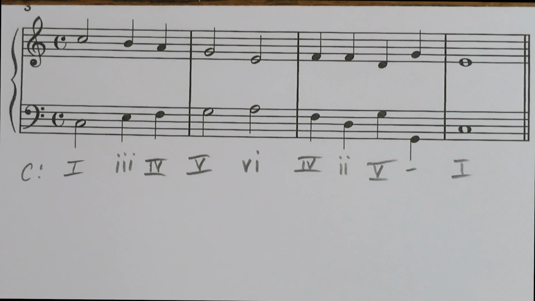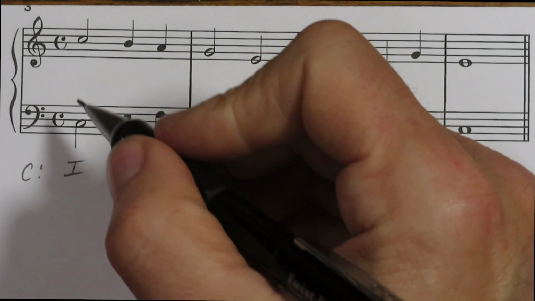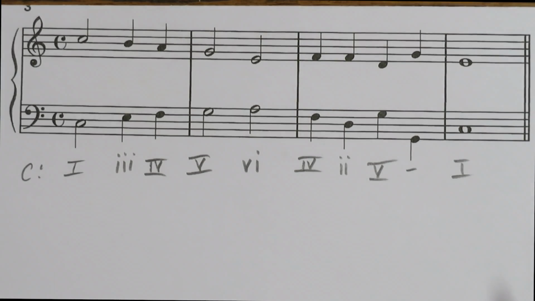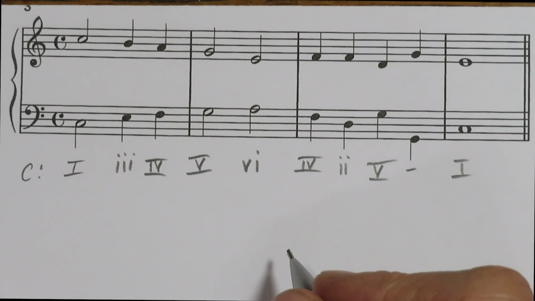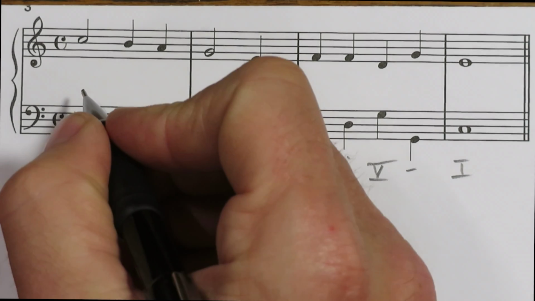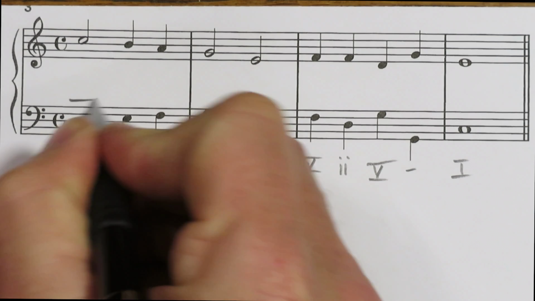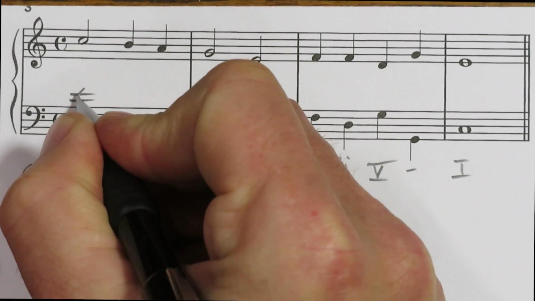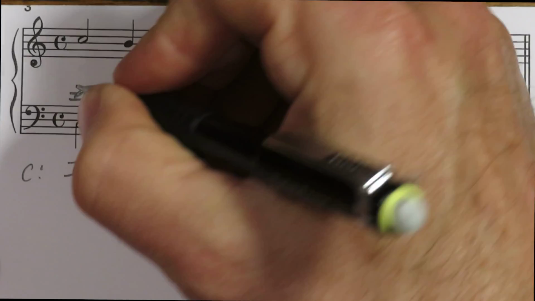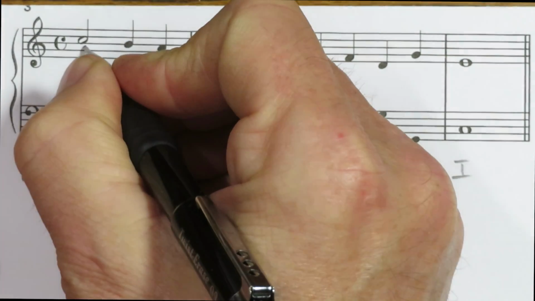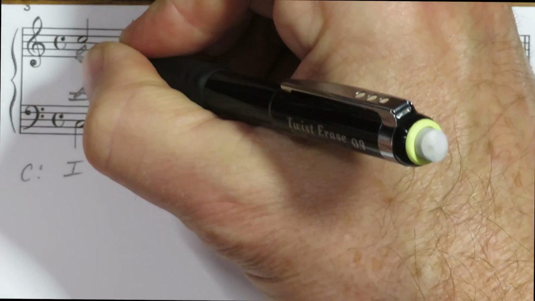Okay, so now it's time to voice the chords. The C is already doubled, so we need an E and a G. So let's try the E here and a G here.